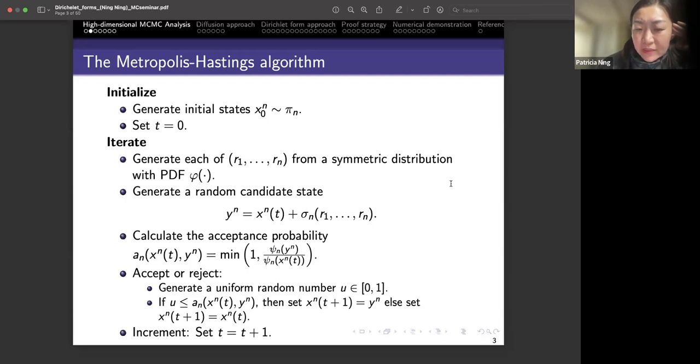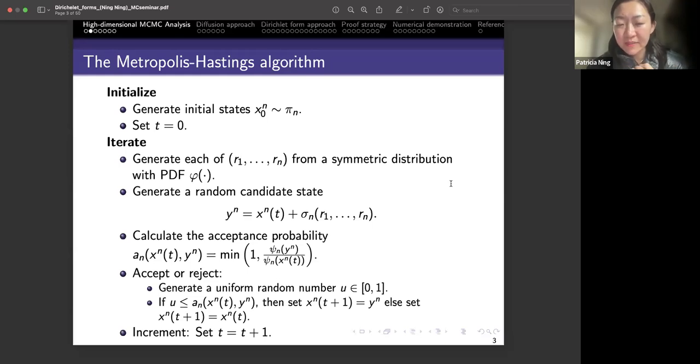Then we calculate the acceptance probability. A_n is a function of x_n^t and y_n in the form of the minimum of 1 and pi_n(y_n) divided by pi_n(x_n^t). Then after that, we accept or reject by generating a uniform random number u in the range 0 to 1.